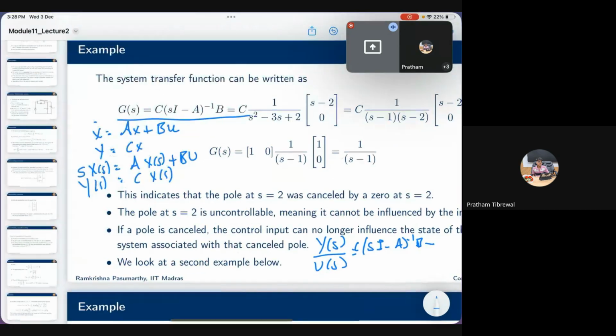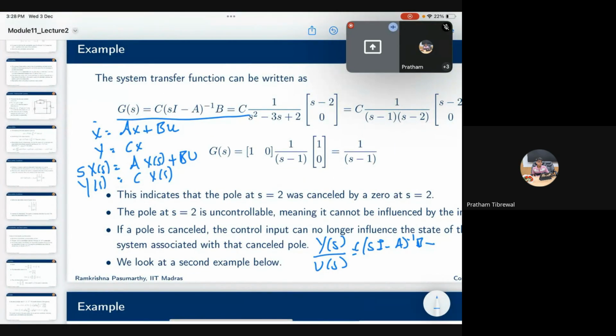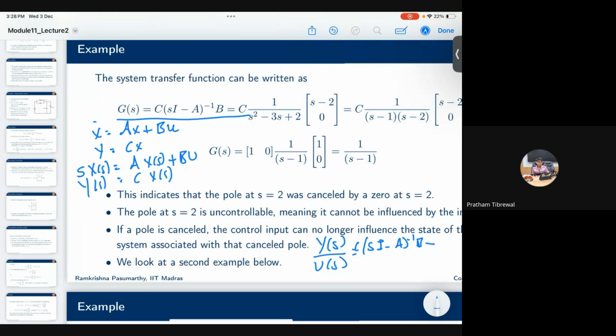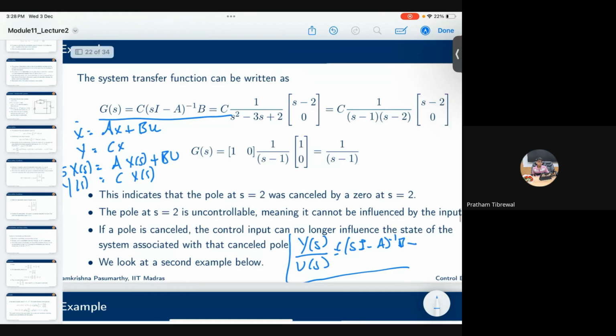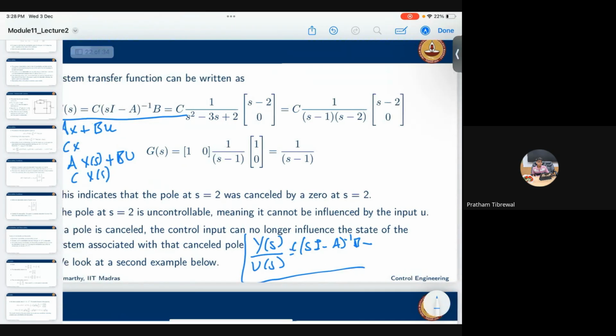Okay, so I'll just finish it. Whenever there is, I just look at what happens to the transfer function. I again use this simple technique to go from the state space to the transfer function, and what I see is that there is a pole zero cancellation.